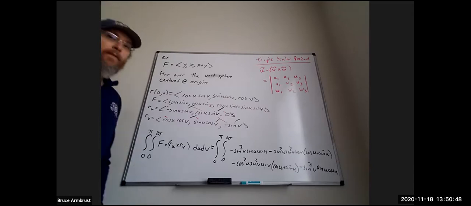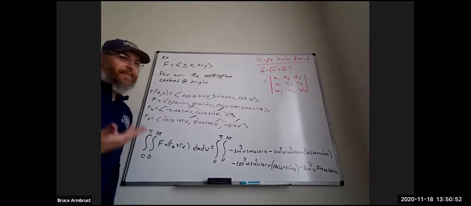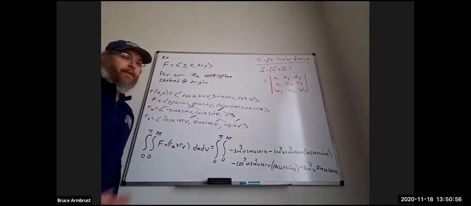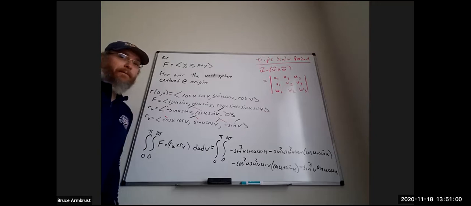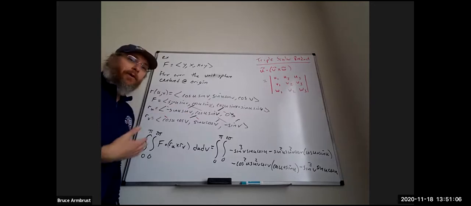Okay, so calculating fluxes. I mean, it is what it is, right? You just have to blitz through it. But in terms of what it's telling you, remember, flux is telling you how much is going over the surface.